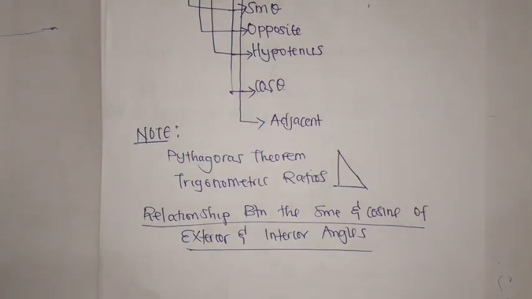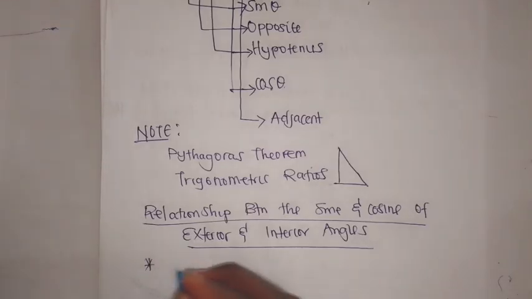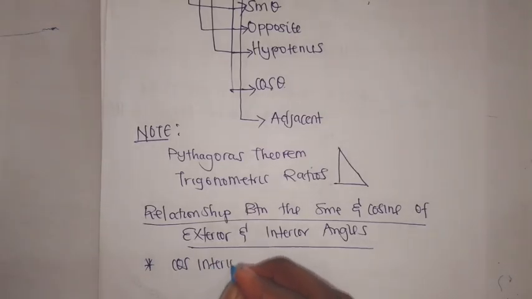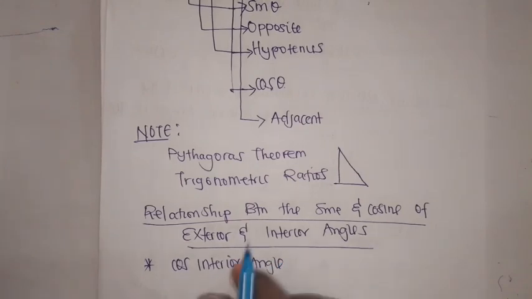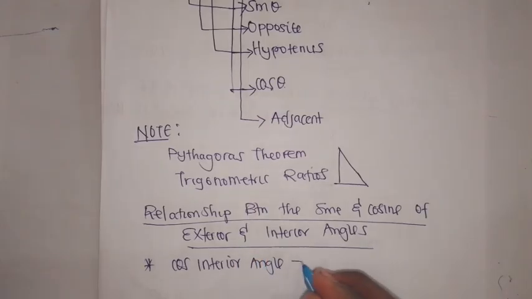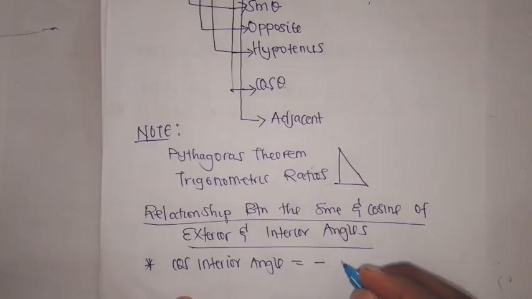So here, cos interior angle, when it is positive, is equal to the negative cos exterior angle.